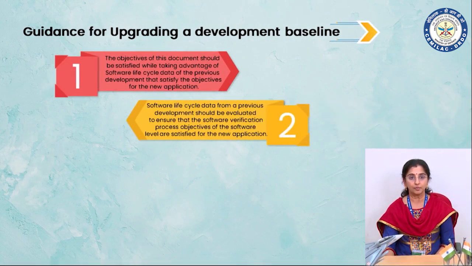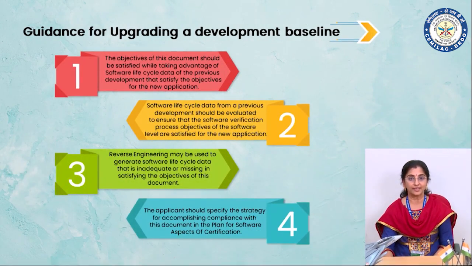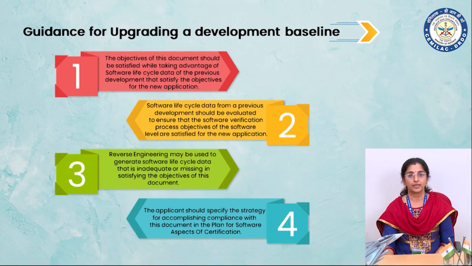So, it is important for us to know the guidances for upgrading a development baseline. These guidances include the objectives of DO178C should be satisfied while taking advantage of software lifecycle data of the previous development that satisfies the objectives for the new application.